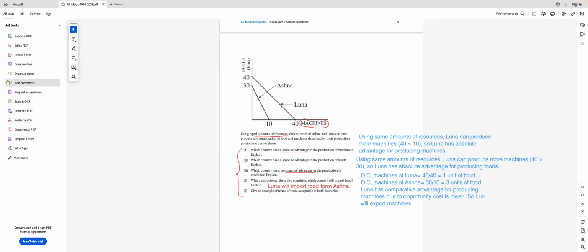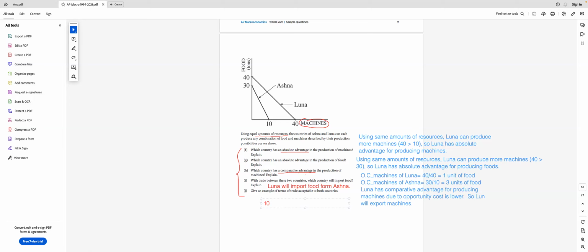Okay, the last question. Give an example of a terms of trade.